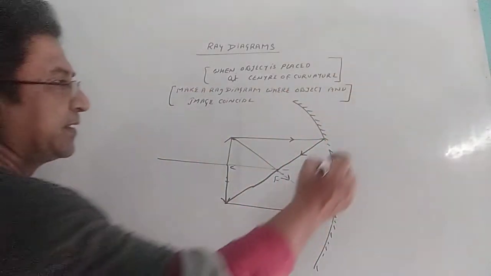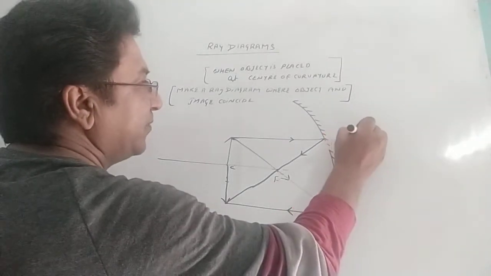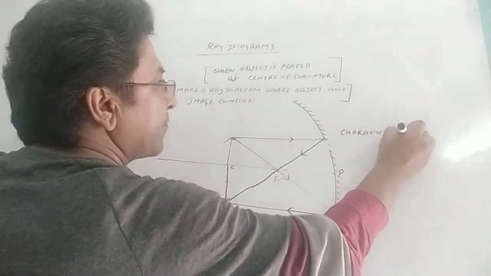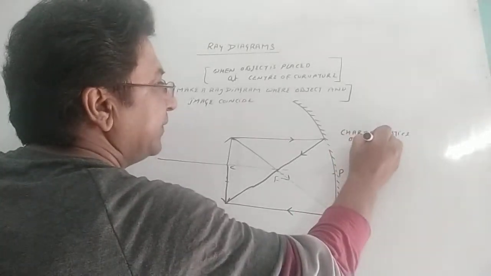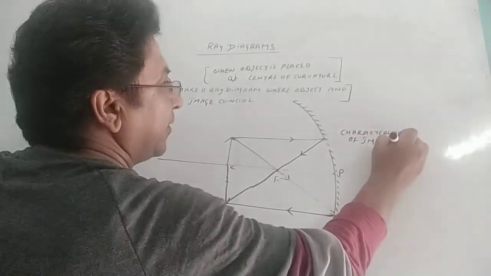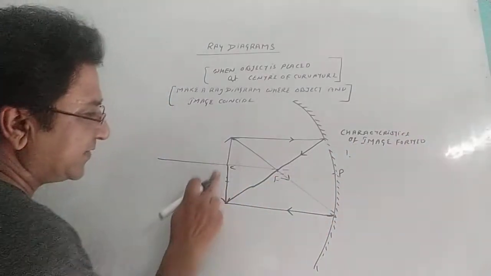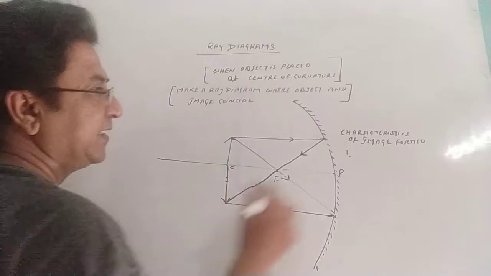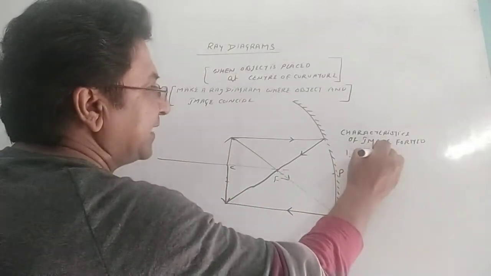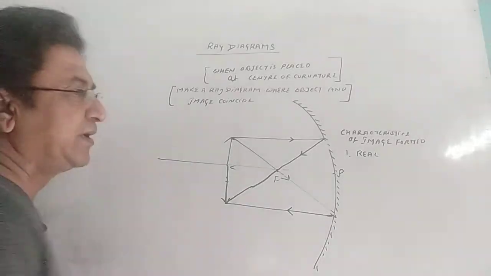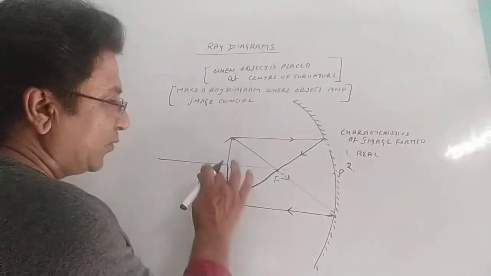So now, characteristics of the image formed. Let's see. 1. It is real. Yes, two reflected rays are meeting. Remember that any image forming just below the principal axis is going to be real. It is inverted.